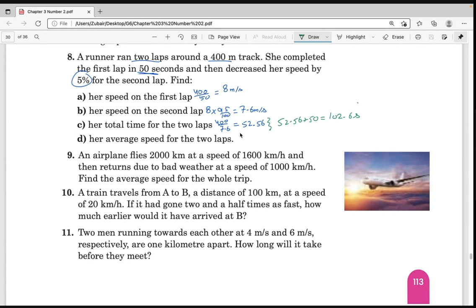So total distance 400 into 2, over total time, and we get 7.797, approximately equal to 7.8. Any confusion? Question 8. No, sir.